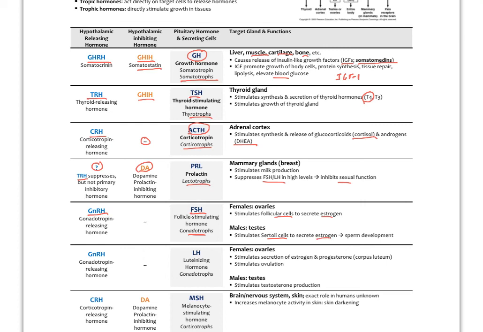So think FSH, estrogen. The other gonadotropin is LH, luteinizing hormone. And that's also released by the same cells, gonadotrophs, but here in response to fast pulses of GnRH.